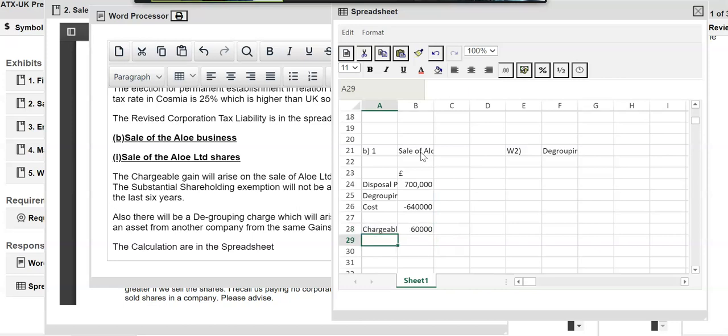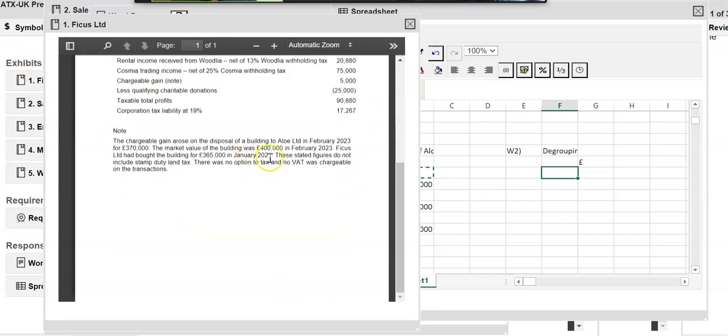So how will the degrouping charge be calculated? The asset was gifted, right? So let's go to the first part. The market value was 400,000 and the cost was 365,000, right? So the market value at disposal, we have to click here, that was 400,000.